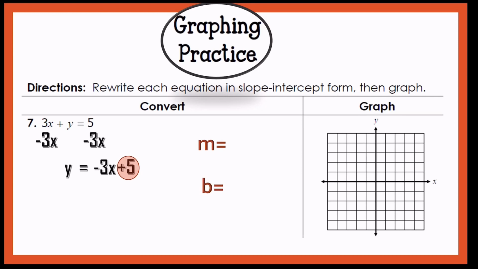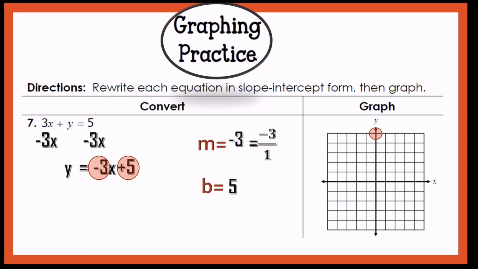Here is my B. Remember, we always start with B. Begin. It's where I begin. Okay, and I'm going to put a point on that 5. I always do this first. Put your beginning point. Then go look at the number being multiplied by the x. Okay, that would be negative 3.